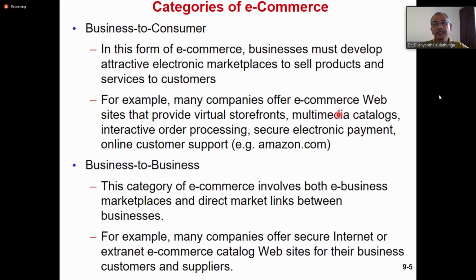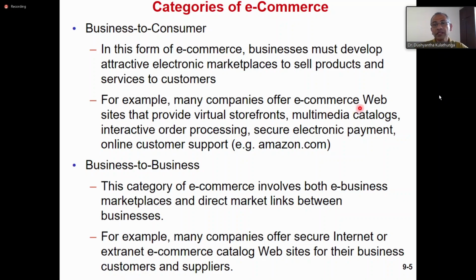A multimedia catalog is a catalog in the form of multimedia. That means information is presented utilizing text, audio, and video. When it comes to multimedia, we basically refer to three types of media. The first one is text, the second one is audio, and the third one is video.